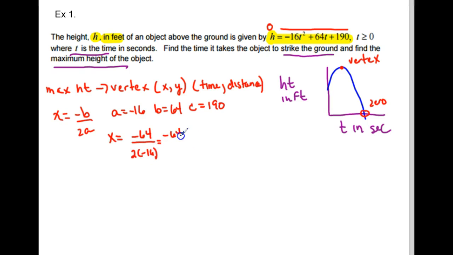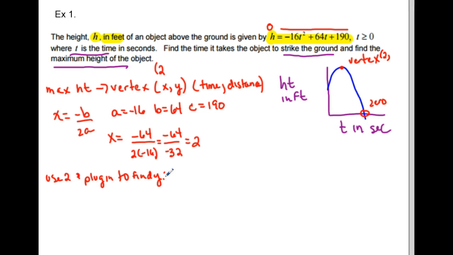So I get negative 64 over negative 32, which simplifies to 2. So up here at my vertex, that's a 2. Maybe I'll put that in over here. 2 comma. And now we're going to use 2 and plug it in to find y.